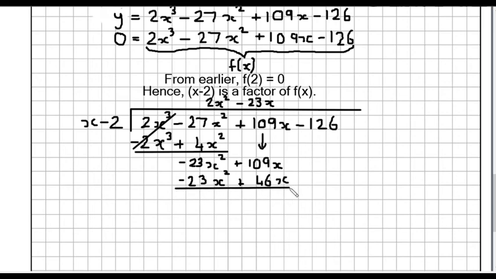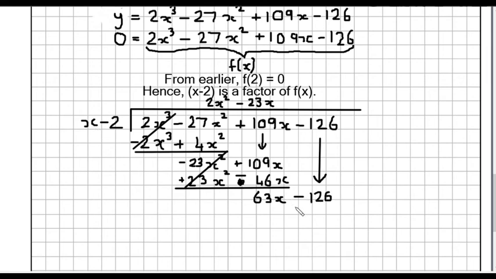Again, we're going to change our signs here. Make that a plus and make that a minus. So these cancel. So plus 109x minus 46x. That's going to give us 63x. And then let's bring the minus 126 down. And again, start the procedure again.